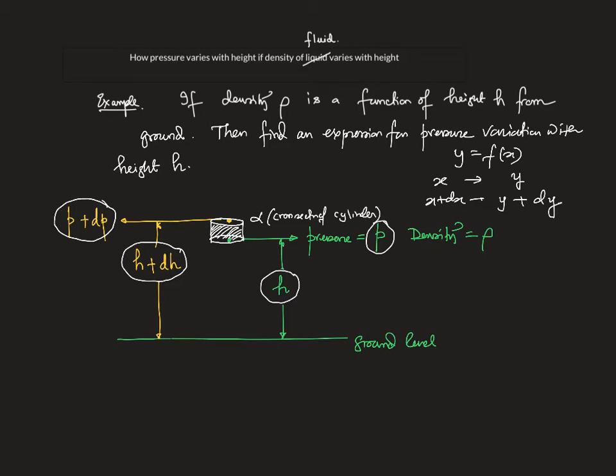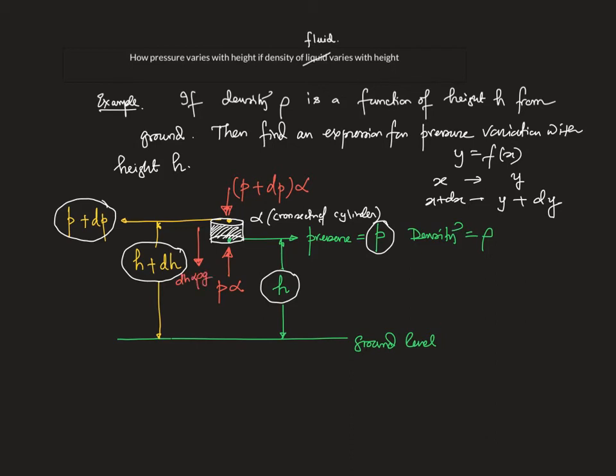Now the force from the top due to pressure is p plus dp multiplied by alpha. From the bottom, the force is p multiplied by alpha, and the weight is dh into alpha into rho g.